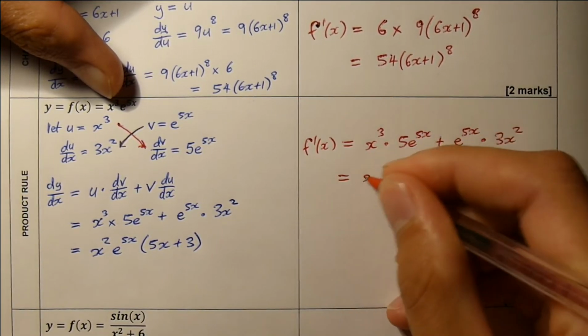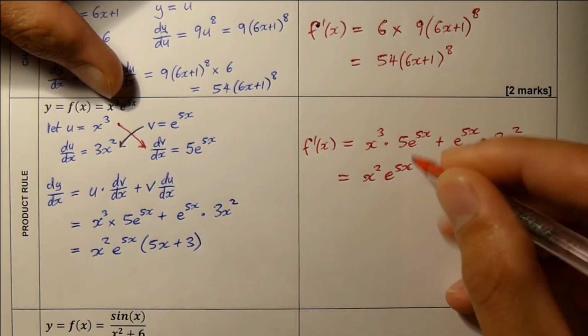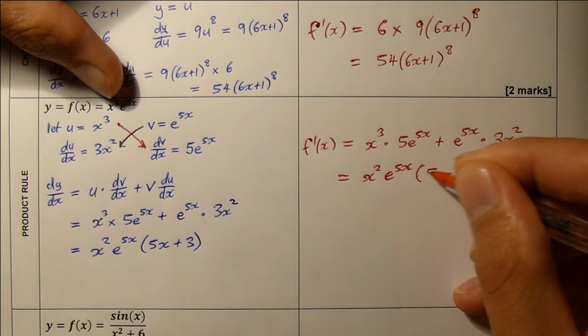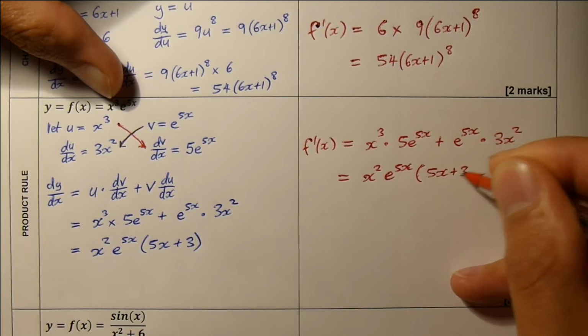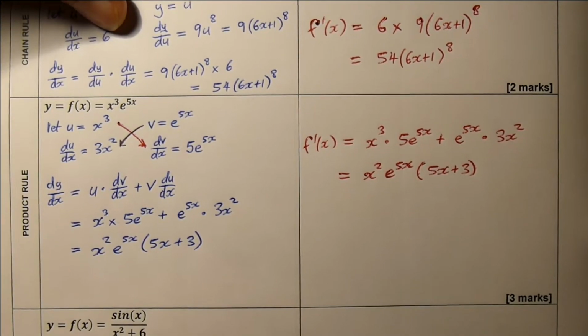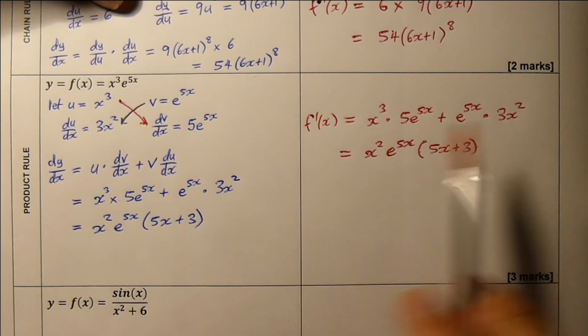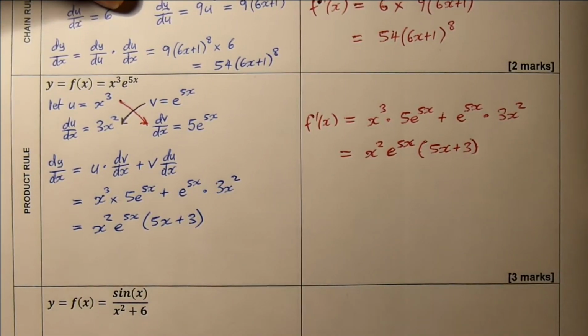Neaten that up, same as what I had before: e to the 5x, 5x plus 3. So you can see again just how much faster that is, to take a derivative directly using that alternative first and second terminology.